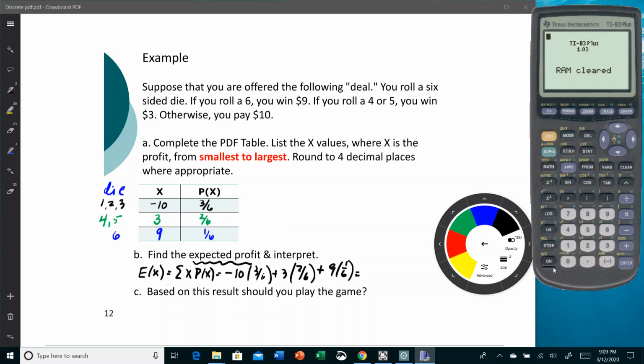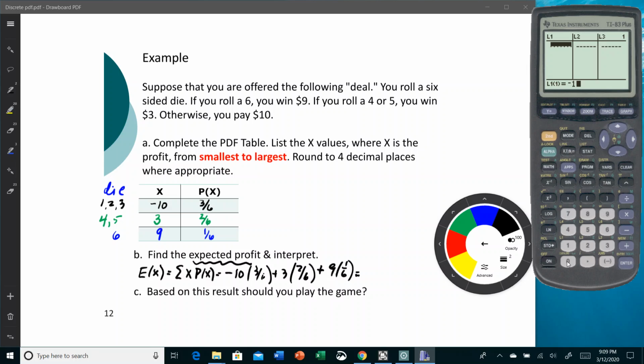So if you have your calculator on, we'll put the data in a list. So if we go to Stat and then Edit, I'll put the values of X, the random variable, in list 1.